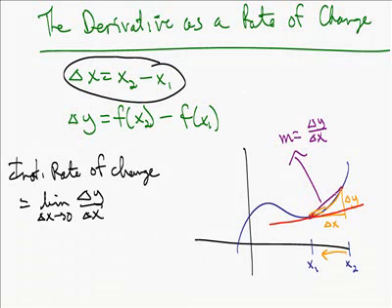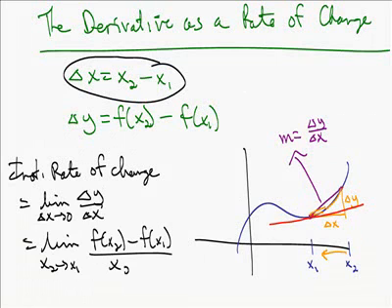And that's just a measure of the slope of the secant line. So we could also say that's the limit as x2 approaches x1 of the change in y, which is f of x2 minus f of x1, divided by the change in x, which is x2 minus x1.